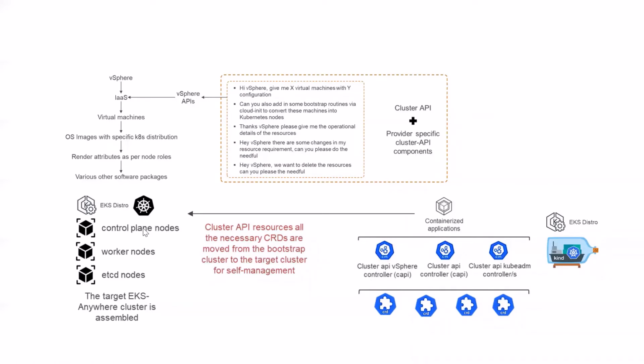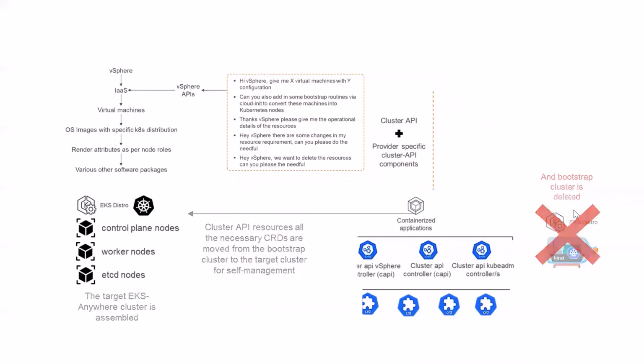And then the Bootstrap cluster is deleted. Once these resources are moved out to this cluster, what is the need for the Bootstrap cluster? There is no need for it. The cluster is already created. So we delete this particular Bootstrap cluster.